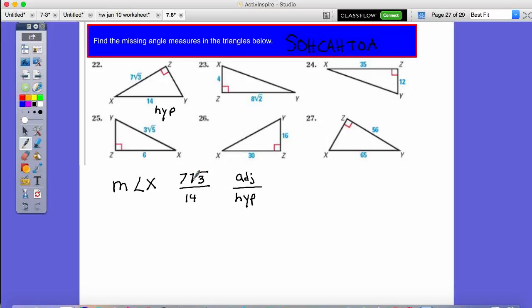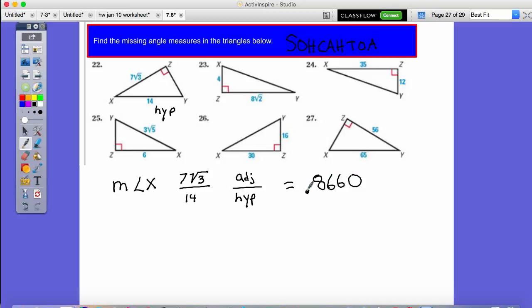So first off, I have to do this math. I'm doing the calculator off screen because I don't have a scientific calculator that works with the Promethean board. So the square root of 3 is 1.732, continues on, times 7 is 12.12, continuing on, divided by 14. So my ratio here, 7 radical 3 divided by 14, becomes, to the 4th decimal place, 0.8660.